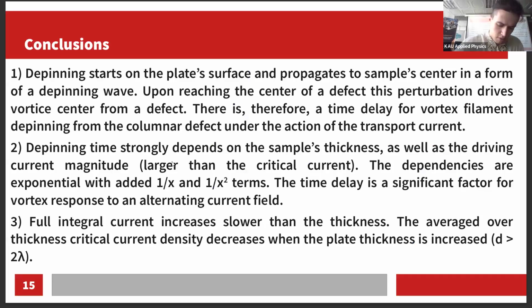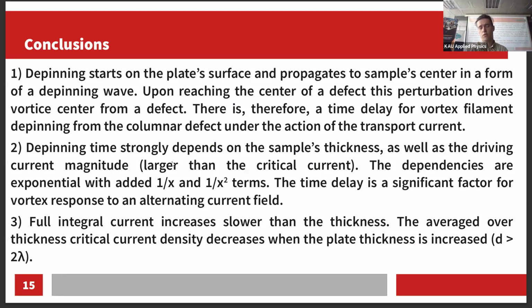And, to conclude, we can say that we confirm the understanding of the pinning process, in that it starts on the surfaces of a thin superconducting film and spreads inward in time. And once this perturbation reaches the center of a sample or of a vortex or of a defect, which are in our case the same thing, that's when the depinning occurs.